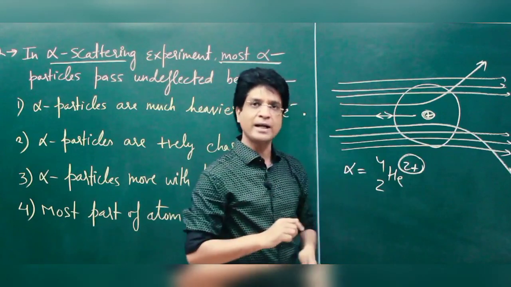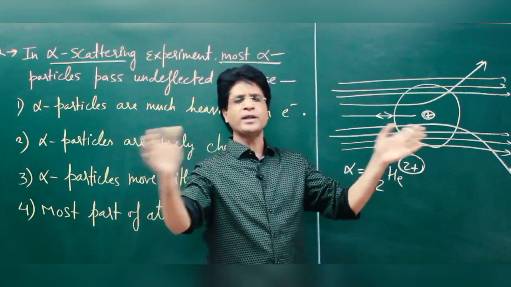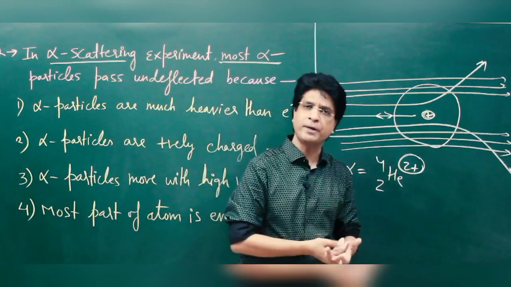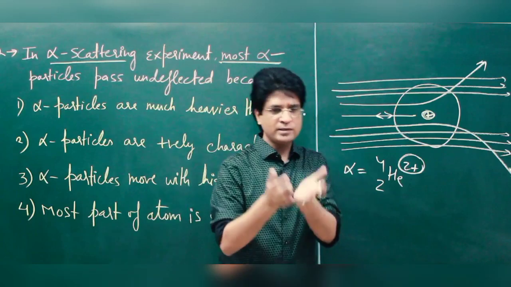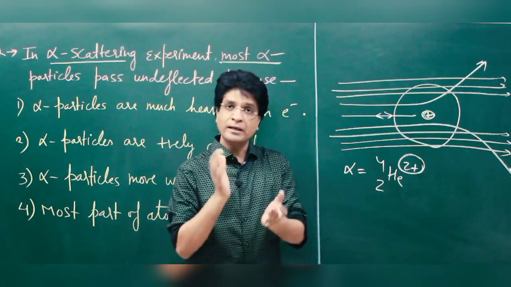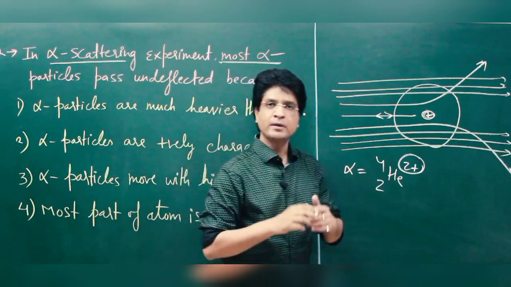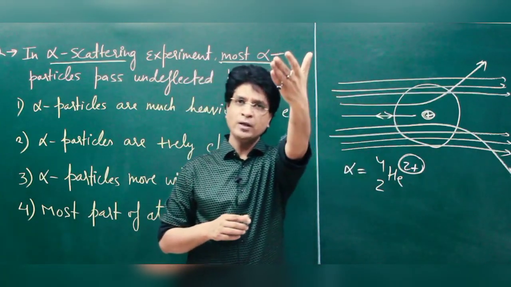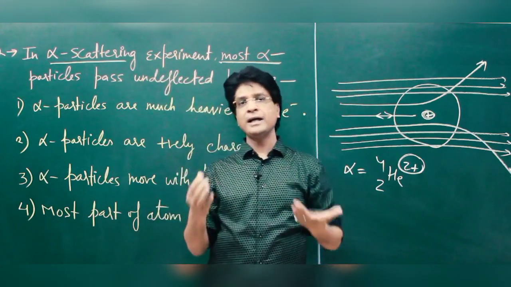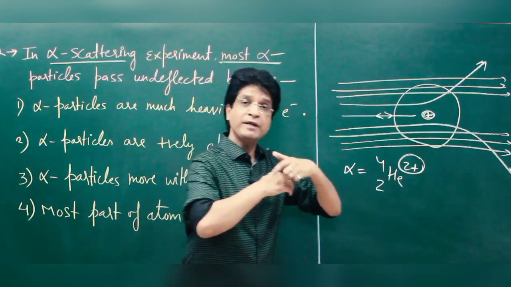Now the fact is that these electrons are so sparsely located, they are very far apart. For example, if I take Vijayawada as the nucleus, and go with the scaling, 1 electron will be in Hyderabad, 1 will be in Vizag, 1 will be in Kurnool, like that, 1 will be in Delhi. So they are very far.